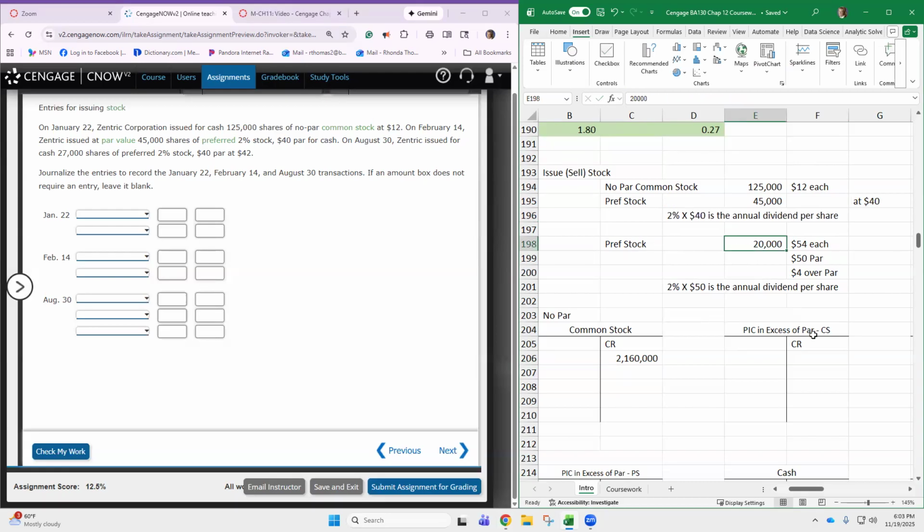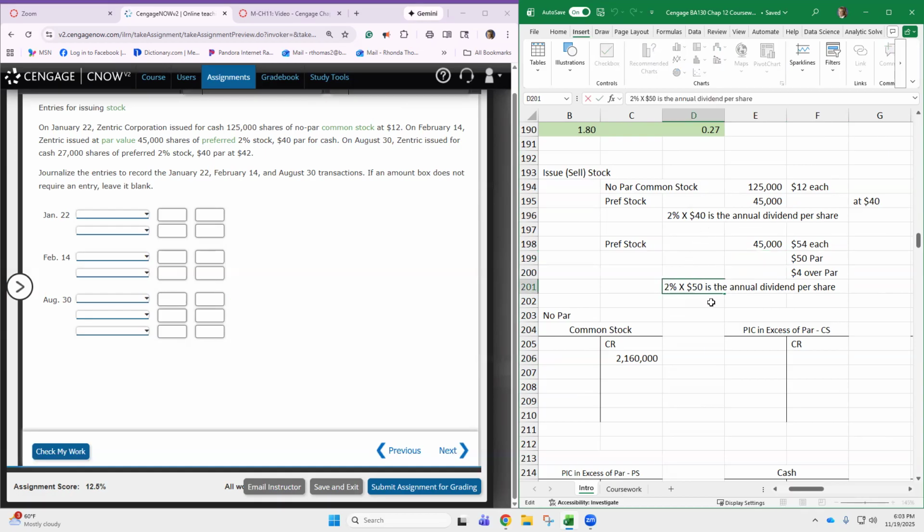Okay, so there are 45,000 shares of preferred stock. Okay, and 2% times $40 par. Okay, so we'll come up with that here in a minute.